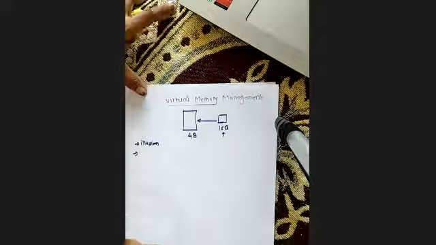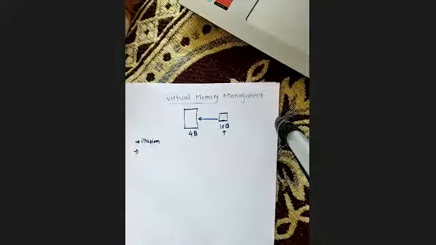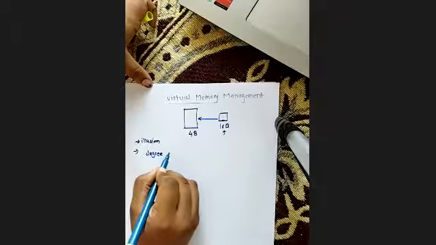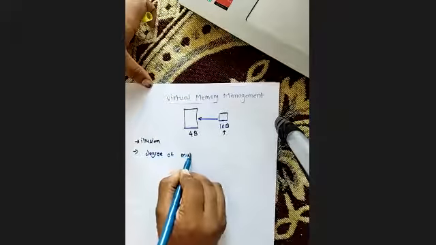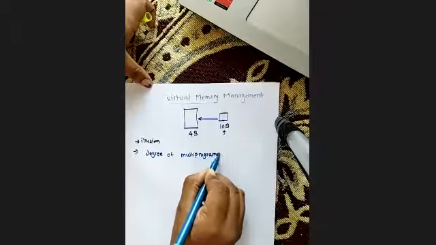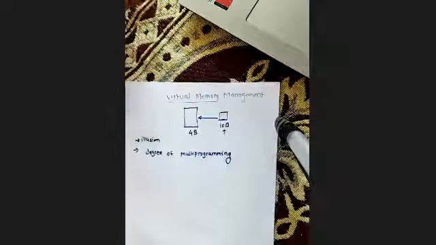Now, the second most important thing is that it increases the degree of multi-programming. From the very first lecture, we are discussing that the degree of multi-programming should be greater.